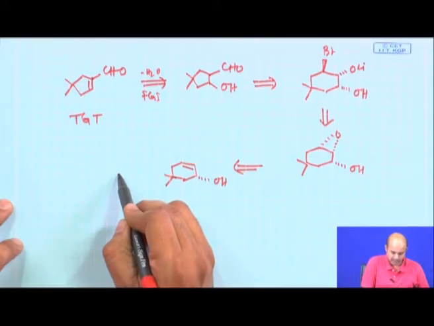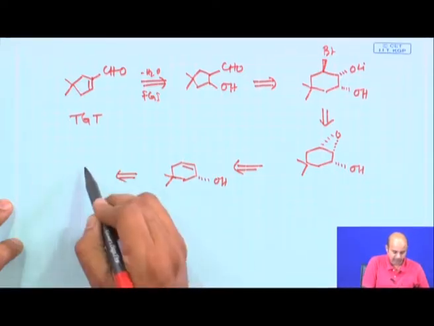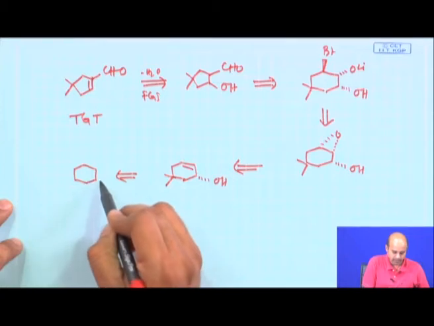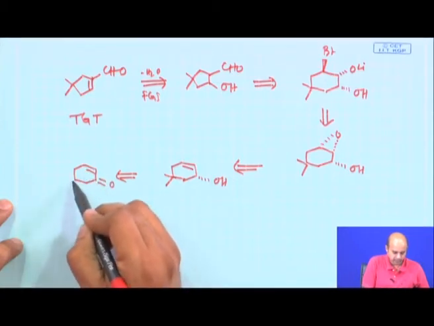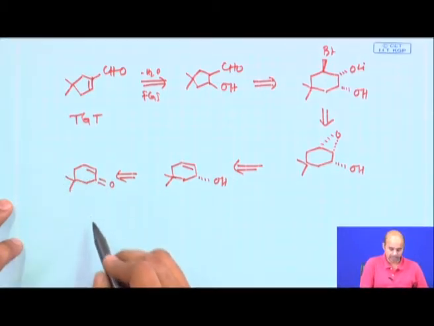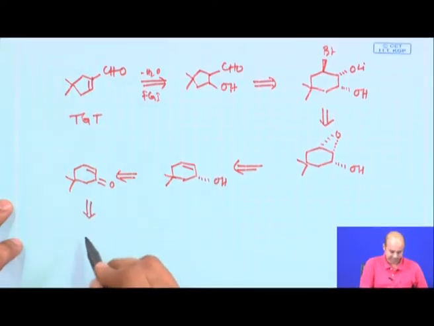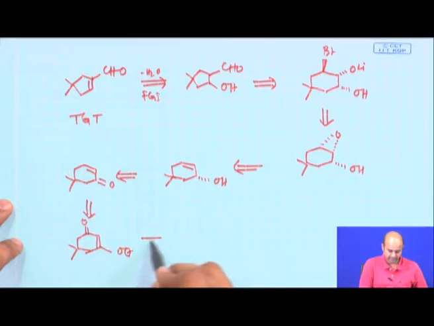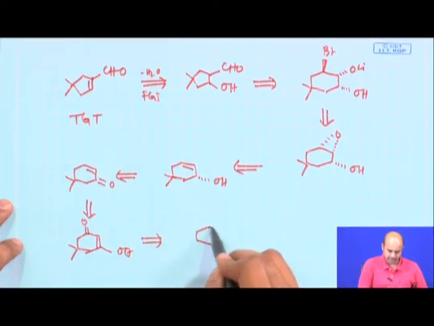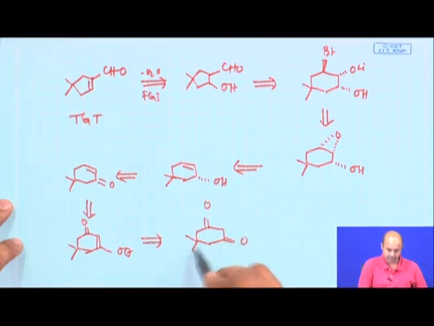And this allylic alcohol can easily be prepared by a Luche reduction, which all of us already know, and this compound can easily be prepared by this, and this can now easily be prepared from this compound.